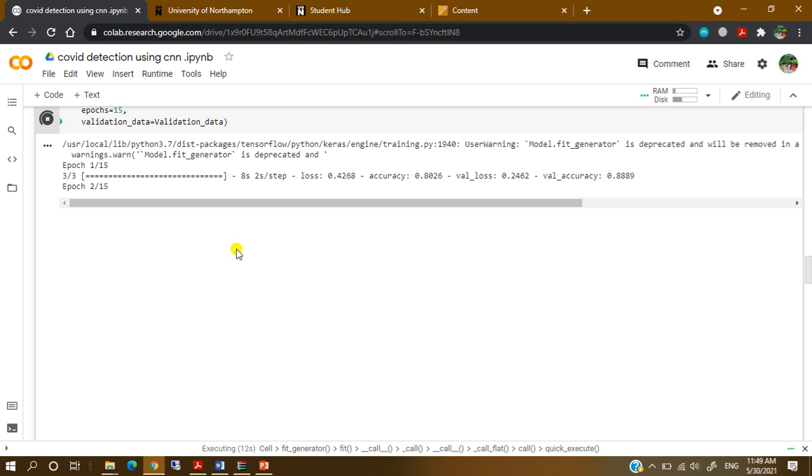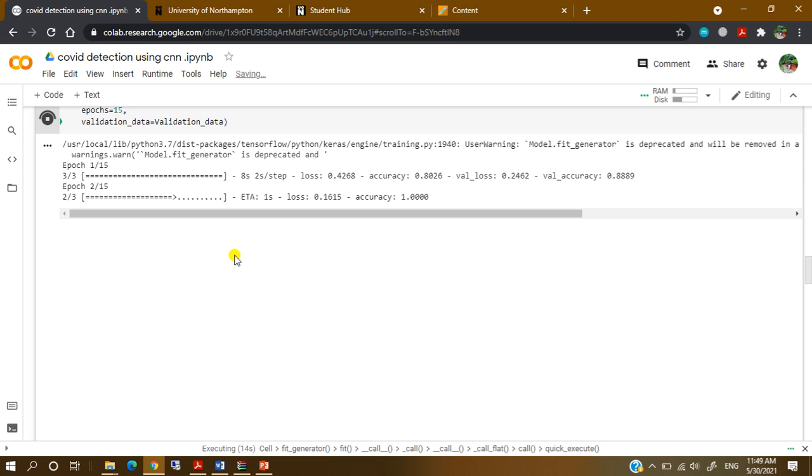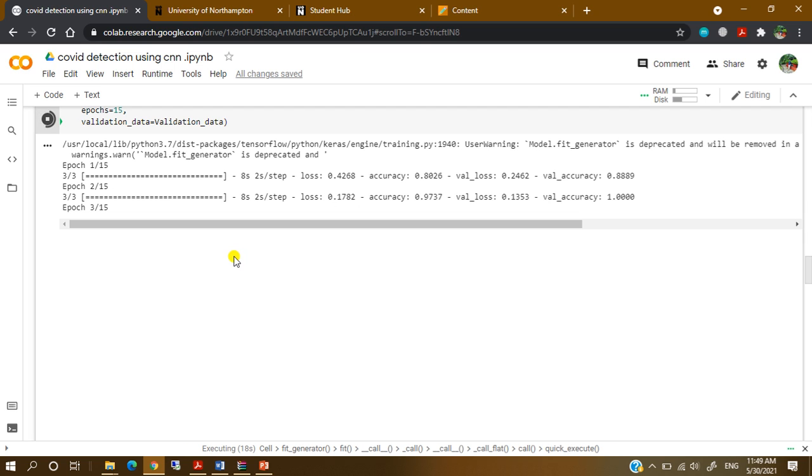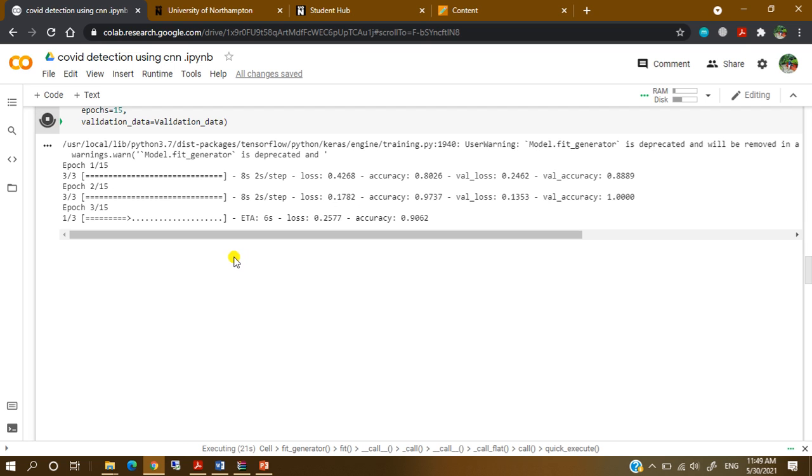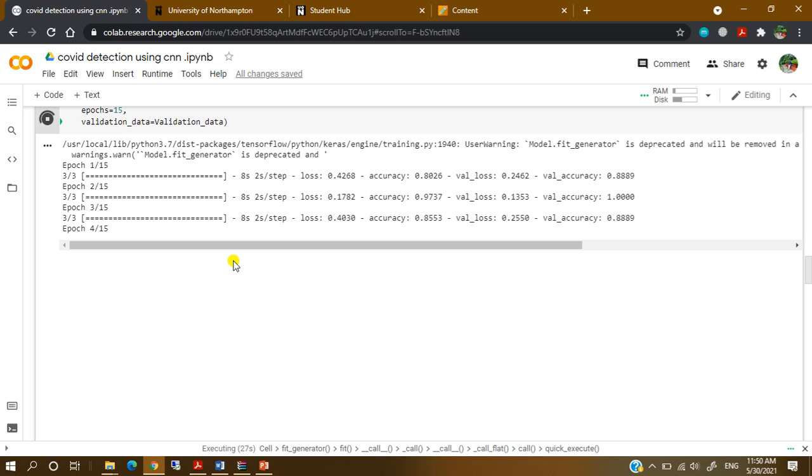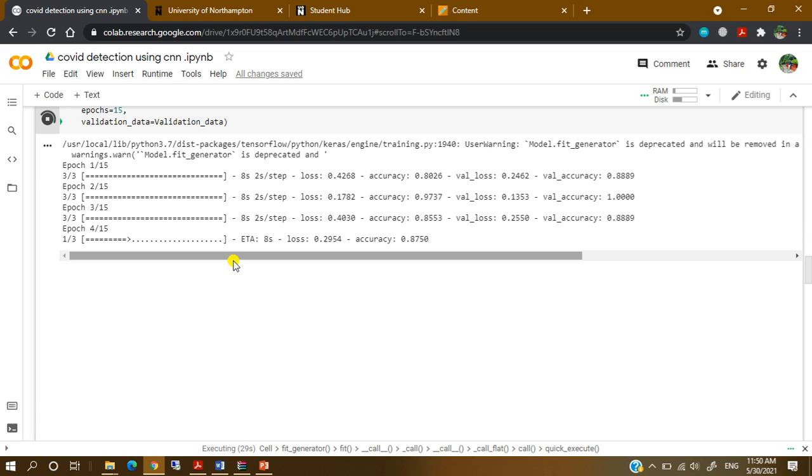It will take a little bit of time. You can see the value of accuracy is increasing and the value of loss is decreasing.